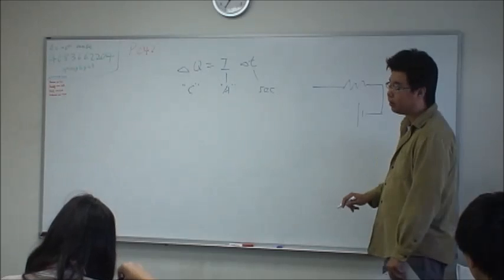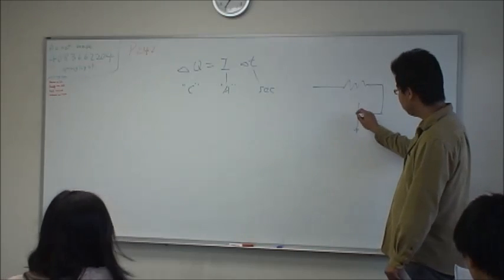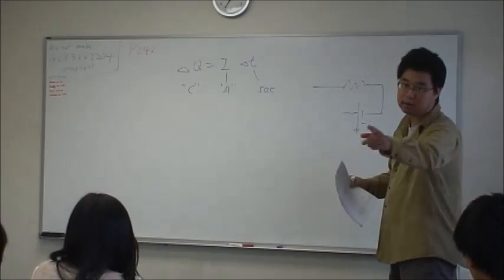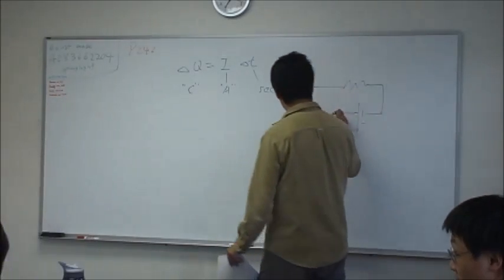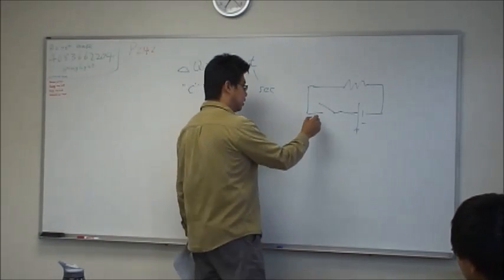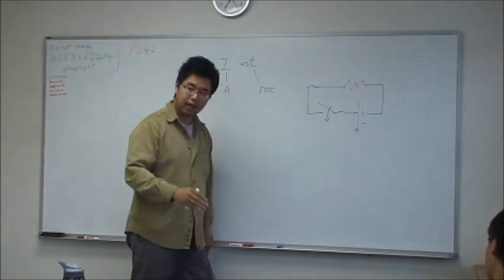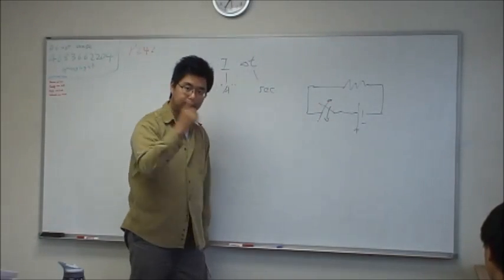The battery normally we use 2 lines, one means positive, one means negative. The positive voltage and the negative. And then there's a switch. The switch normally we draw this way, meaning at time 0 we close it, or sometimes we draw the other way, meaning at time 0 we open it.